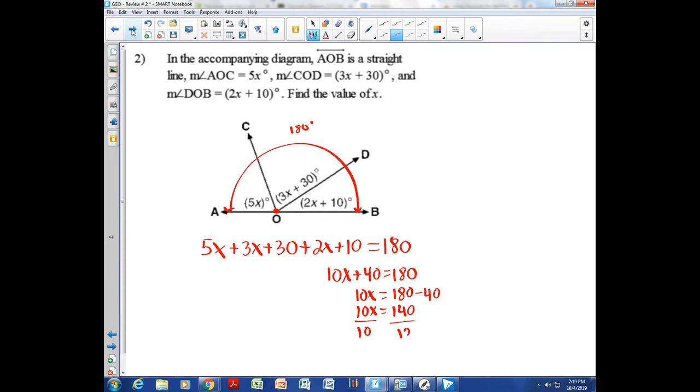Divide by 10. X is equal to 14. Go back, read the question. They're asking for x, so we are done with the problem. If they needed any of those angles, we could have easily substituted the 14 in to find out exactly what each one was.